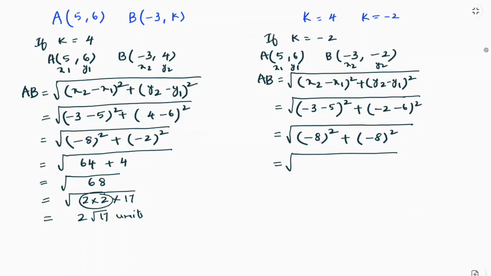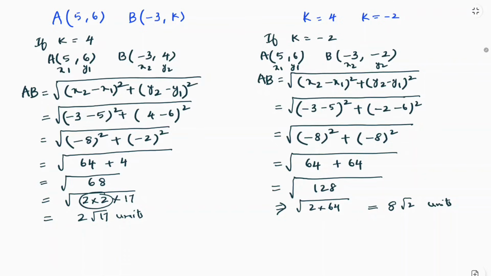So the position changes, so the distance will be different. So here it is 64 plus 64. So 64 plus 64 is 128, or you can write 2 times 64. So that is 8 root 2 units.